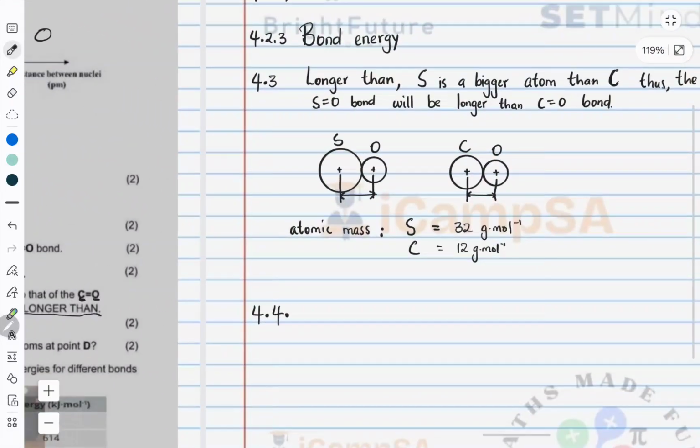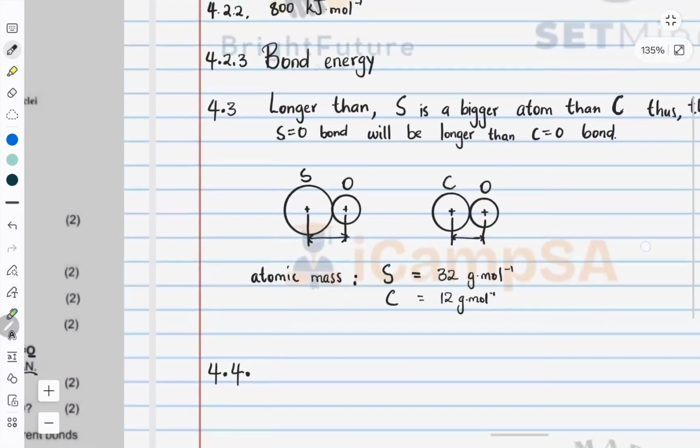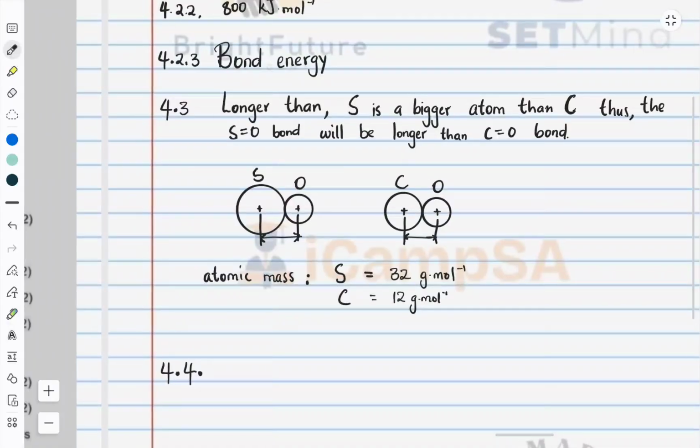All right, so before we go to 4.4, I forgot to mention the electronegativity. In this case, we can't really use the electronegativity to compare these two. Why? Because the difference in electronegativity is the same. If you take the difference in electronegativity between sulfur and oxygen, you'll find the same value as for carbon and oxygen.